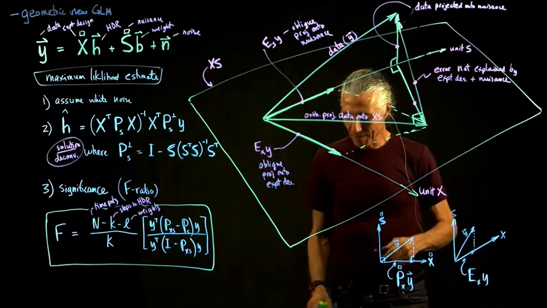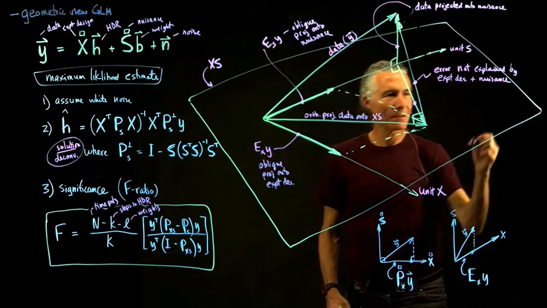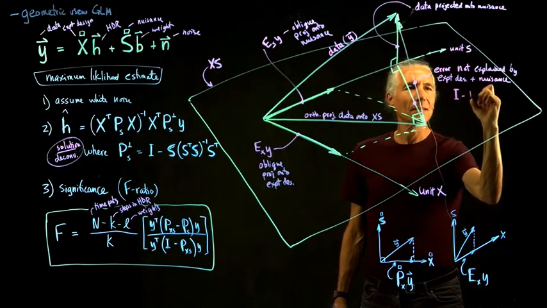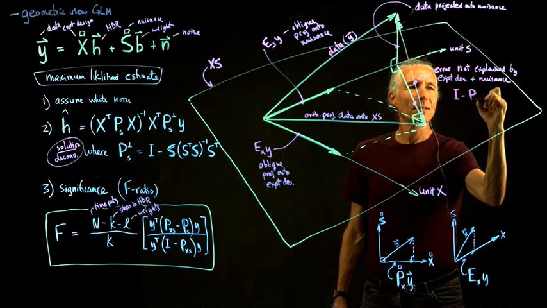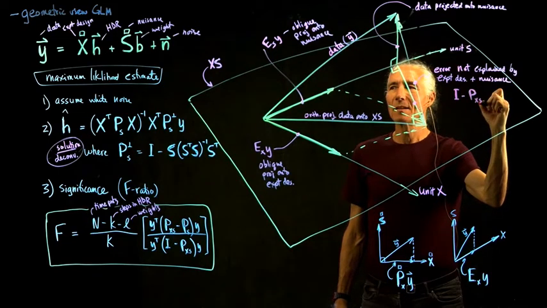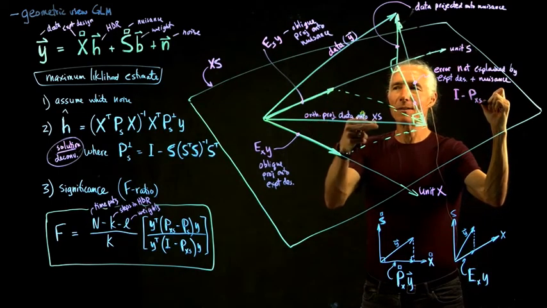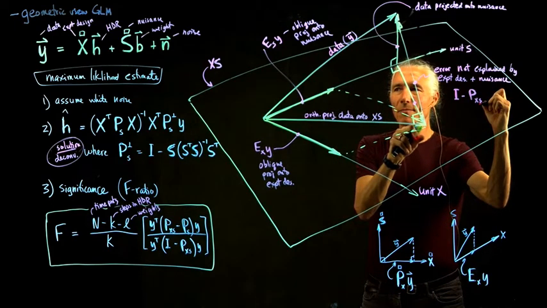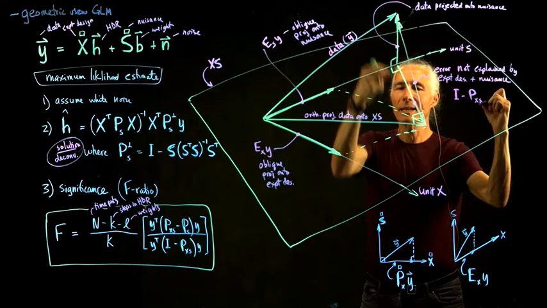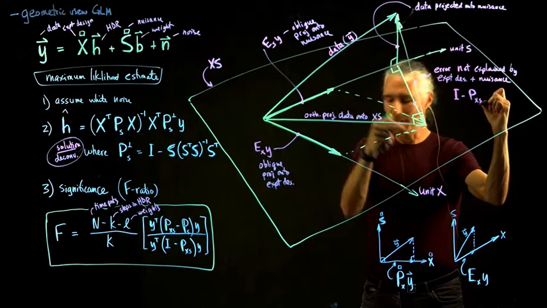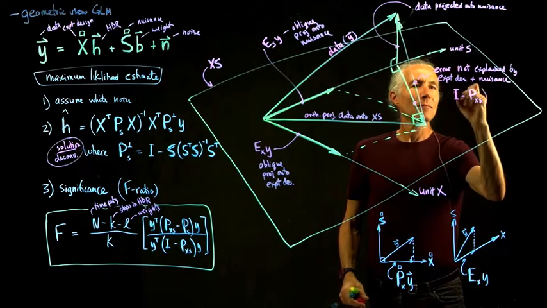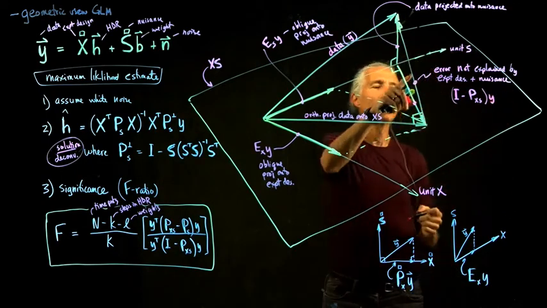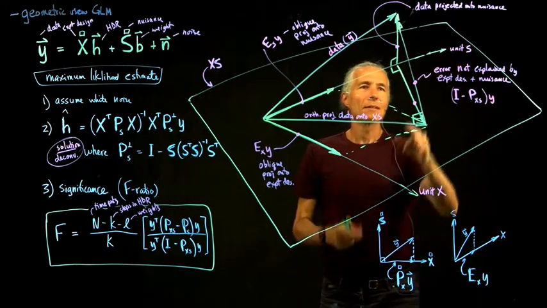If we look at that equation, the equation has an I minus the projection matrix that rotates the data vector down here, figures out what's the length of it after you perpendicularly project that data down into this space, and then times y. So why does that equal this thing?